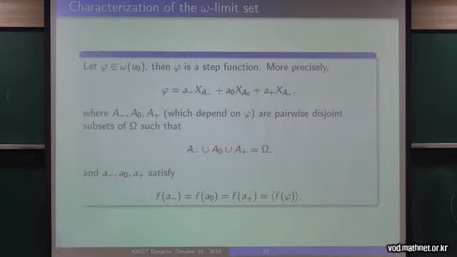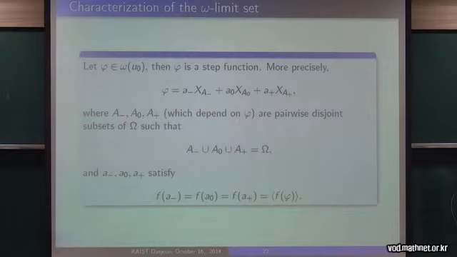So phi equals A minus times the characteristic function of capital A minus, plus A naught times the characteristic function of capital A naught, plus A plus times the characteristic function of capital A plus, with omega equal to A minus union A naught union A plus. And those sets do depend on phi.